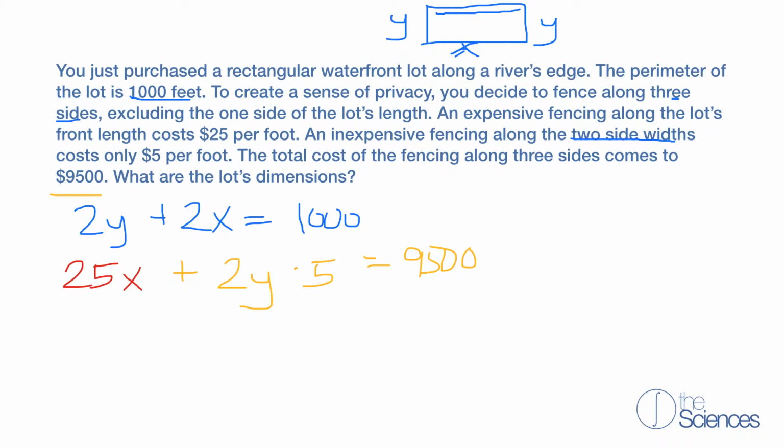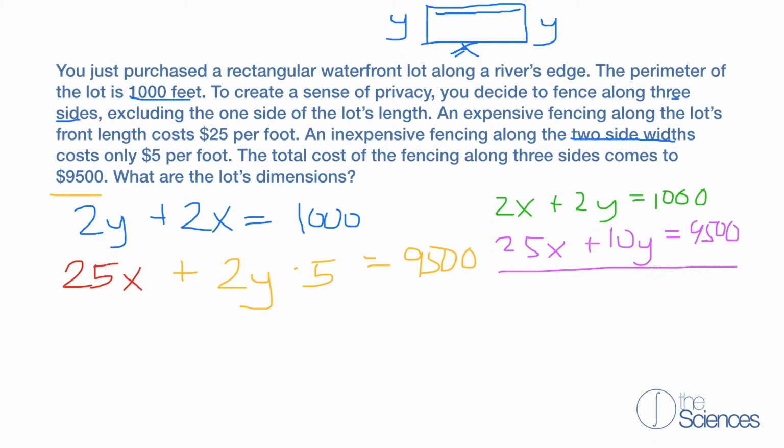So now our first equation is 2x plus 2y equals 1,000. And in our second equation we have 25x plus 2y times 5, which is 10y, equals 9,500.